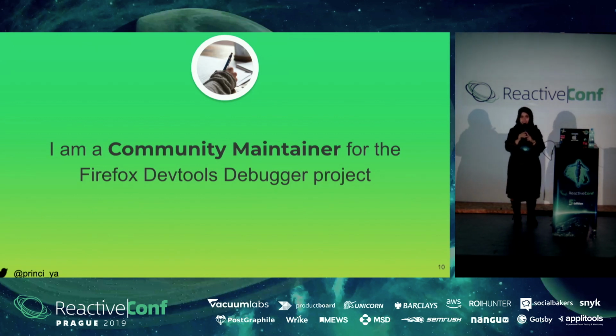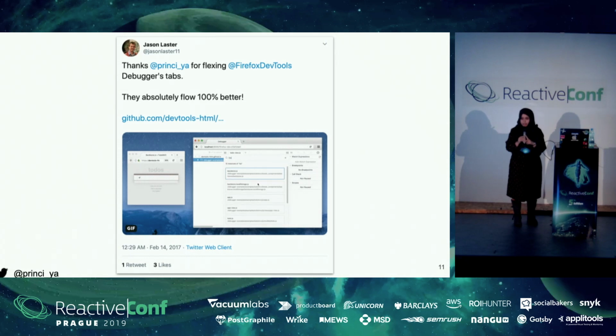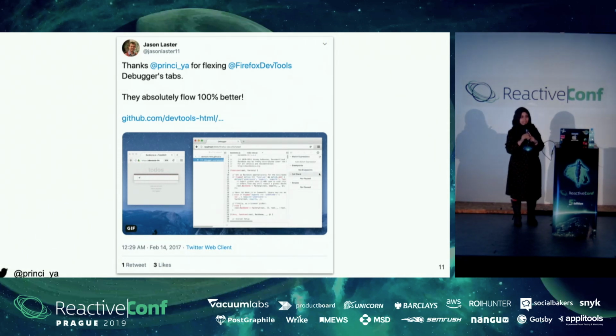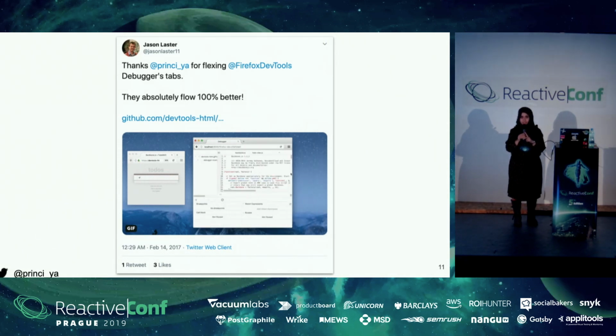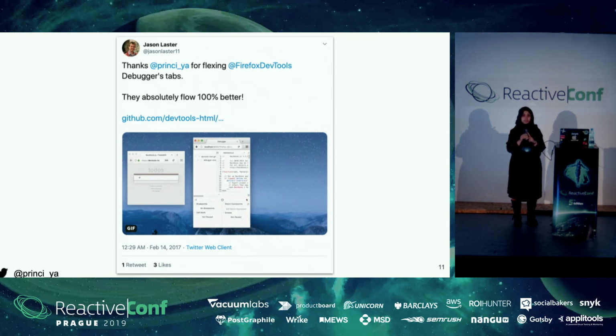Speaking of today's topic, the debugger, I am one of the community maintainers for the Firefox DevTools debugger project. In 2017, I landed my first pull request for the debugger, and back then it was my first pull request for open source at all.